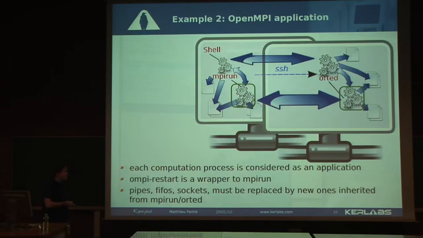You have to get it from mpirun or orted, and you have to replace it. The OpenMPI checkpointer is designed for BLCR system checkpointing at the beginning. And we have tried to have a better interface than BLCR, because the interface for file substitution in BLCR is not very good.